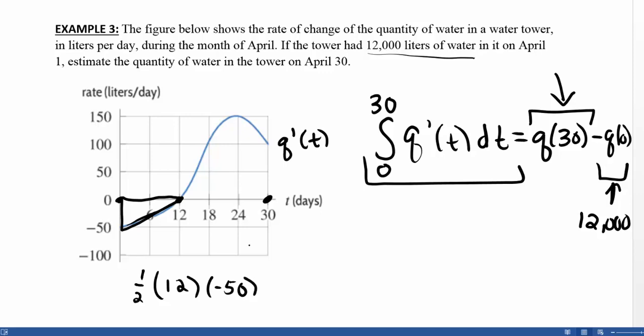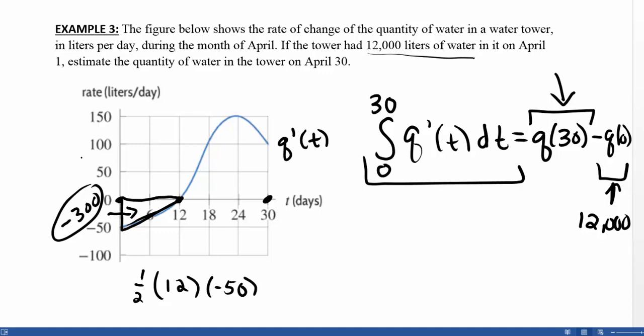If I multiply all of those together, I get -300, and it's negative because it's below the x-axis. So from day 0 to day 12, I lost 300 liters of water. Remember, the rate is liters per day and I'm multiplying by days, so the days units cancel.